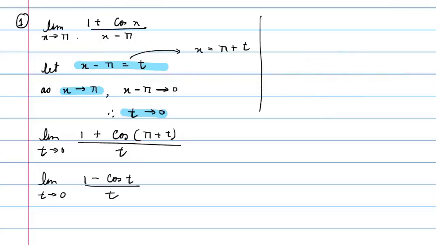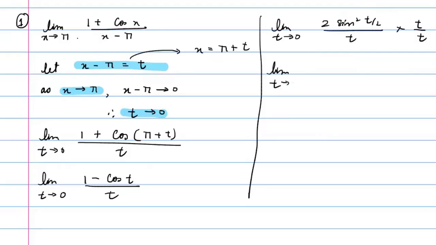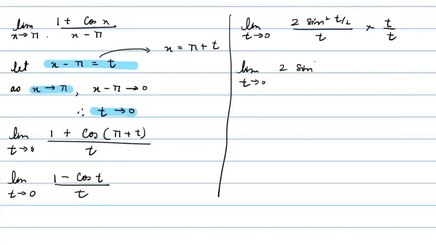Just now we have seen that 1 minus cos is 2 sine square. So we get limit t tends to 0, I'll get 2 sine square t by 2. But down we just have a t. And now you have a sine square. So I have to multiply by t up and down. So we have 2 sine square t by 2, and here there is a t square.